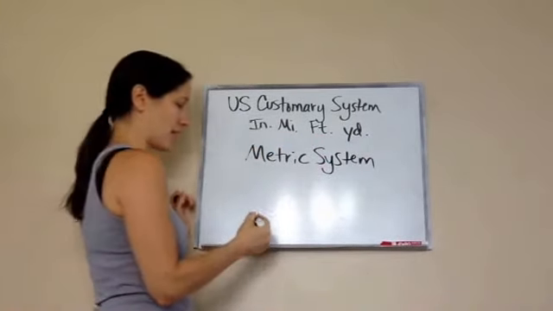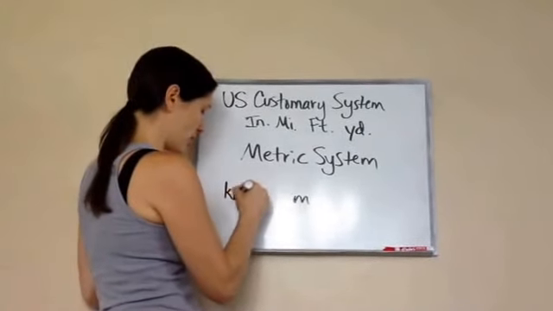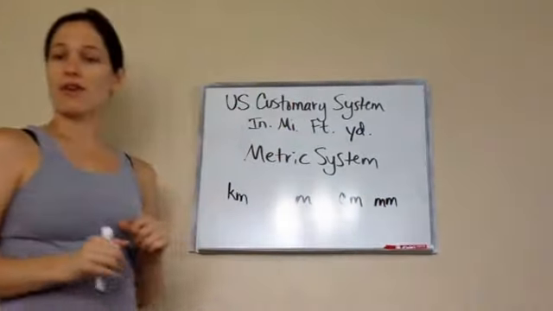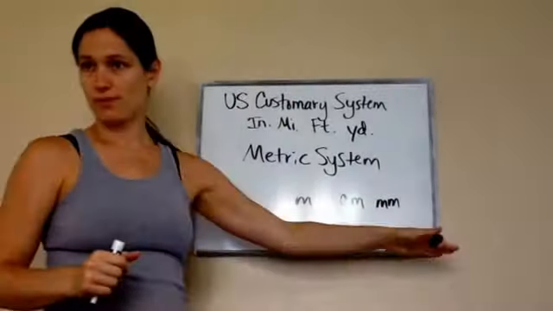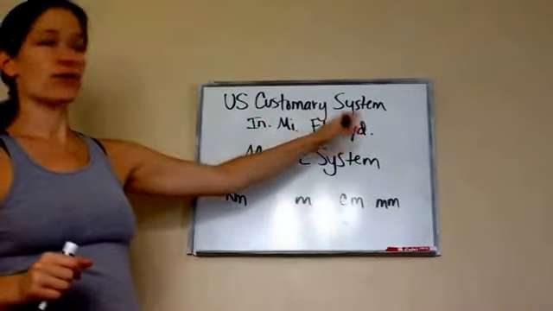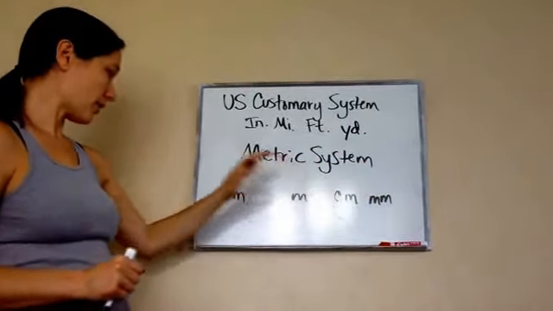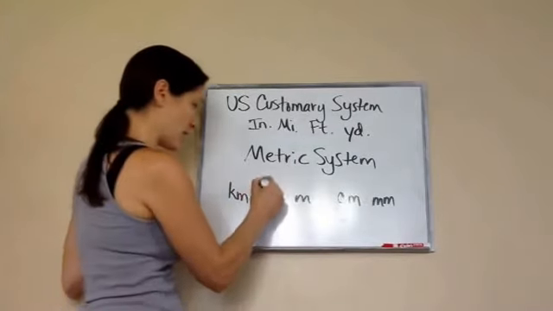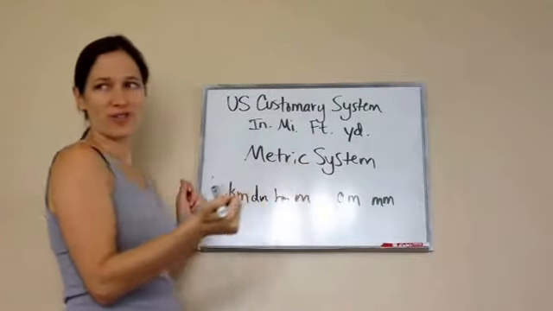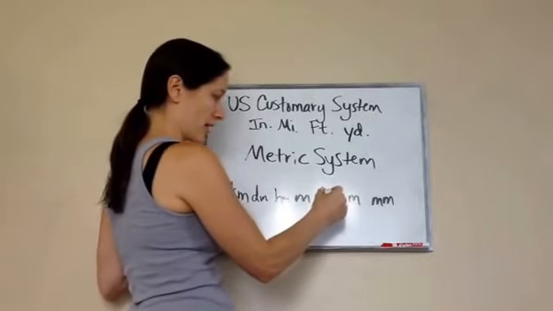What I mean by that is that there is a meter, then there is a kilometer, then there is a centimeter or a millimeter, and everything converts from one to another.